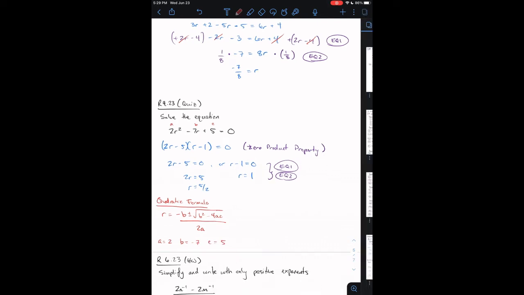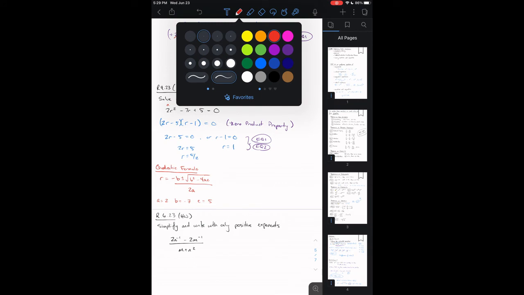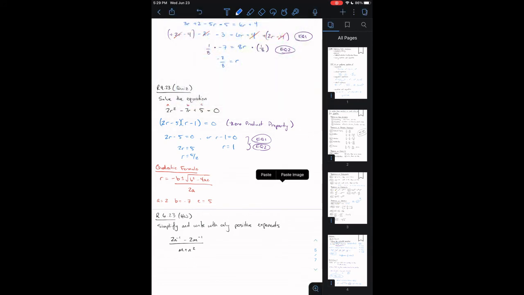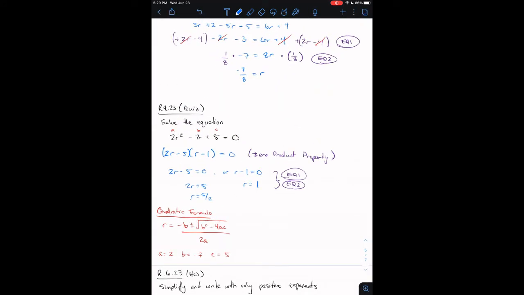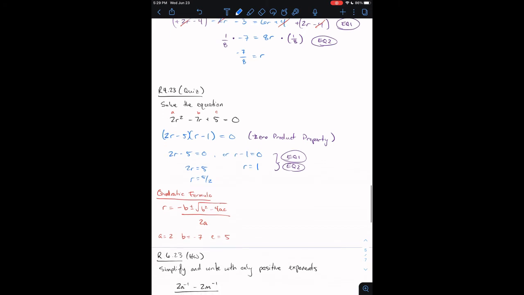So doing a little bit of math, we have r is equal to negative -7, plus or minus the square root of (-7) squared minus 4 times 2 times 5, all over 2 times 2.